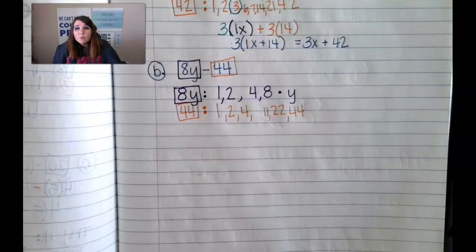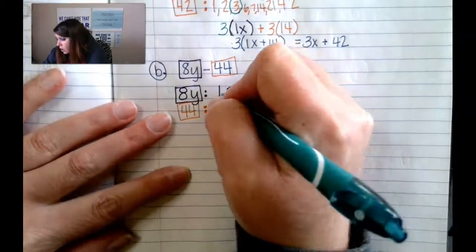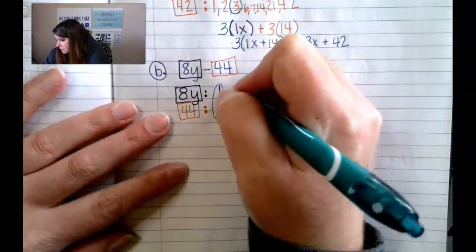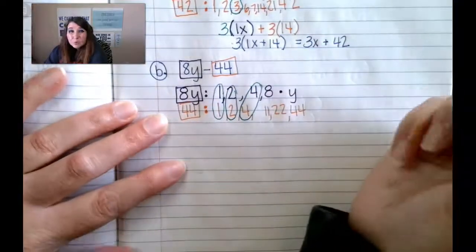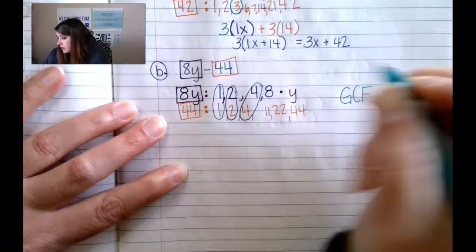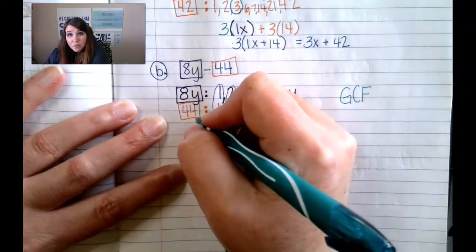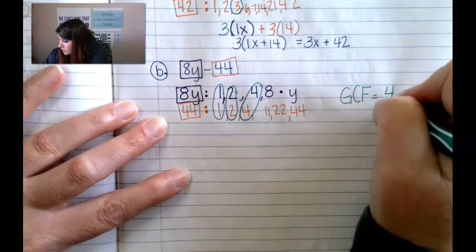Yeah, I see the 4. So I don't even need to see if there's anything else that can go into that, because 4 is going to be the greatest common factor. Sure, they have a 1, they have the 2, but the 4 is where it's at. So the greatest common factor of 8y and 44 is 4.